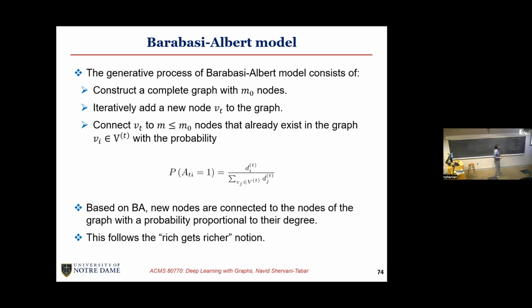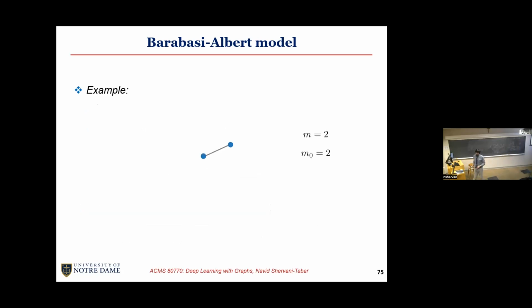So this idea is called rich gets richer, meaning that if you have money, you're going to get richer than someone that doesn't have anything. The real idea really came from economics. So let's say that in this example, I have two core nodes that are connected to each other.